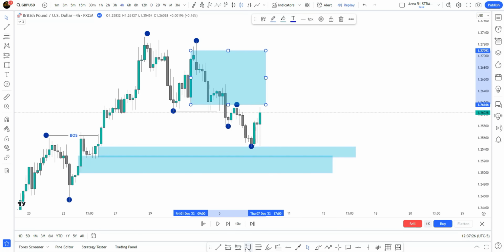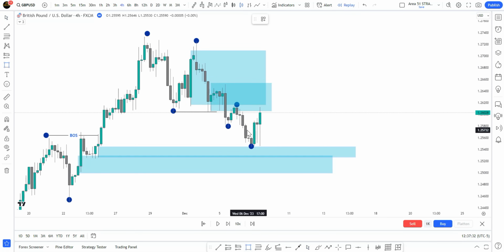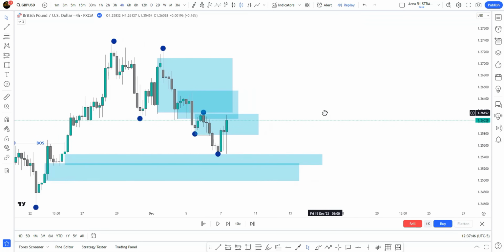And then also price mitigated this order flow right here. And we can see now price is mitigating this order flow, which is the last pullback before the break of this structure right here, which is the recent break of structure.